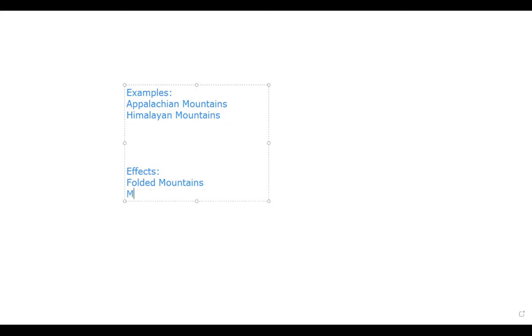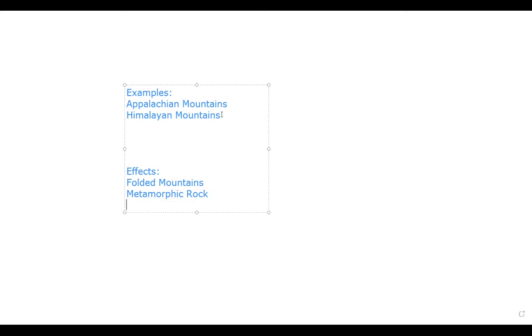You also get metamorphic rock, because remember, when rock is under a lot of pressure and it heats up, it changes or metamorphoses. And so it creates a whole other kind of rock that we call metamorphic, and that's the hardest type of rock on Earth.